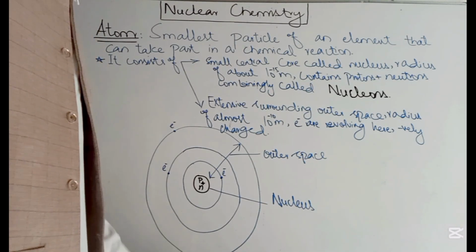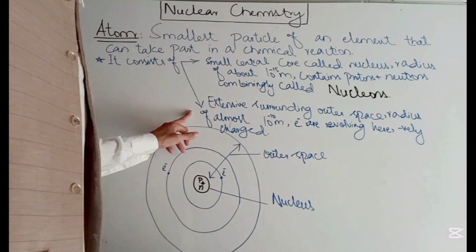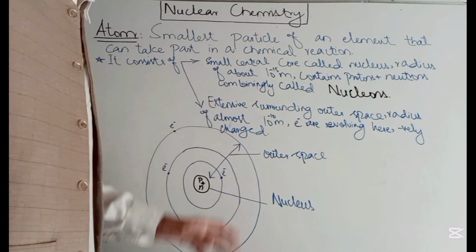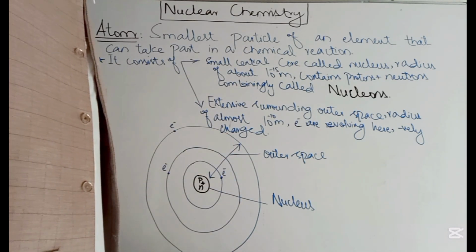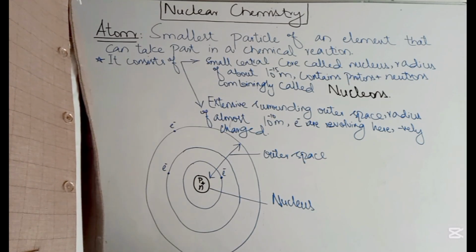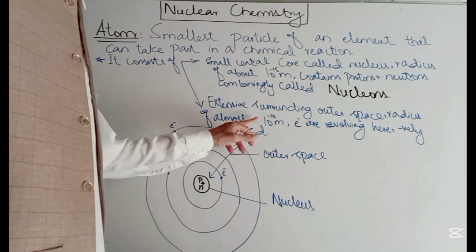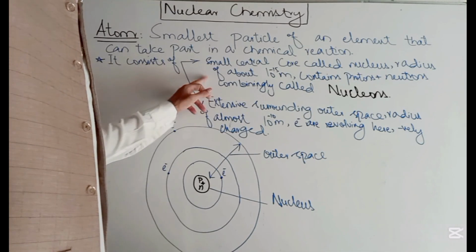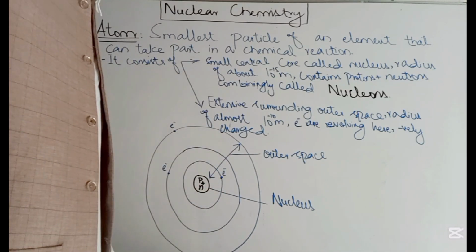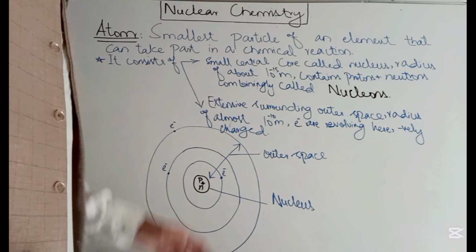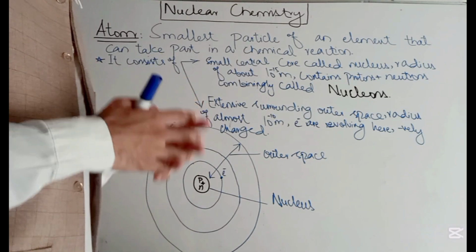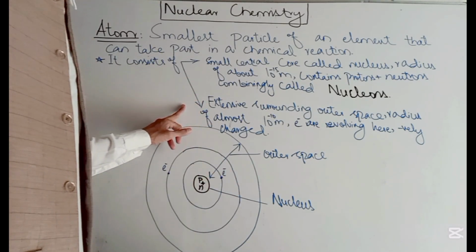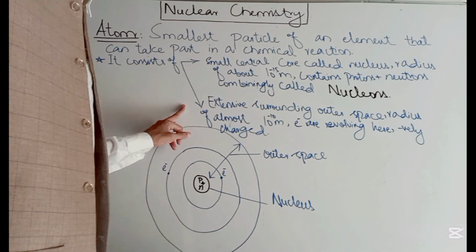The outer space of the atom is about 10 to the power -10 meter in radius, so its radius is large compared to that of the nucleus. Electrons are revolving in the outer space, and as you know, electrons are negatively charged, so the charge present in the outer space of the atom is negative.